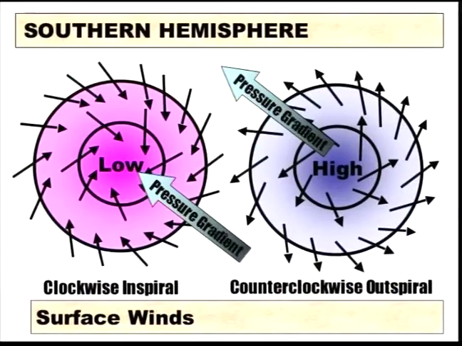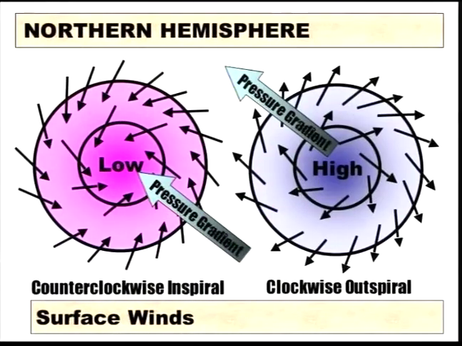We had the diagram here for the southern hemisphere. If we have the diagram for the northern hemisphere, we still have two clock phases. We should know the difference between clockwise and counterclockwise or anti-clockwise.